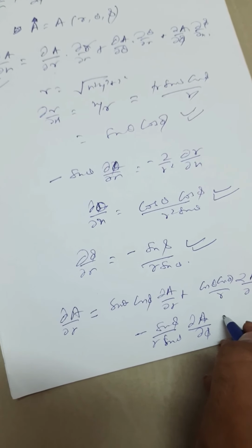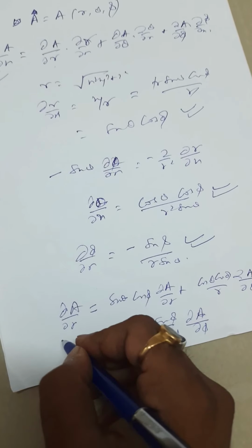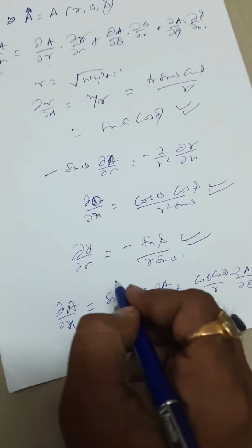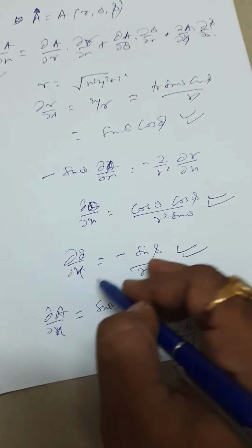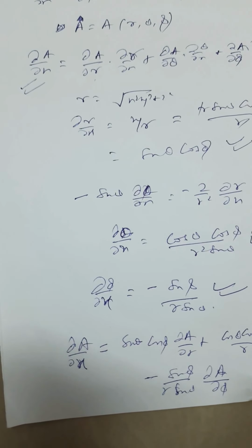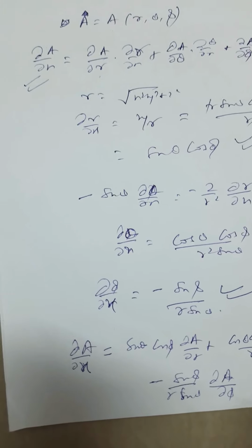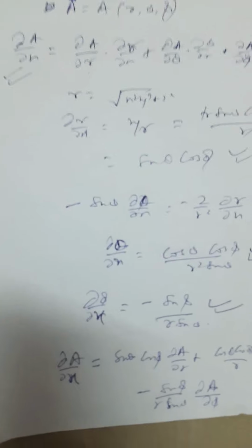So this is what you will get, and then from here you can find del by del x. Ultimately after solving this, we'll get the expression of the orbital angular momentum in the spherical polar coordinates.